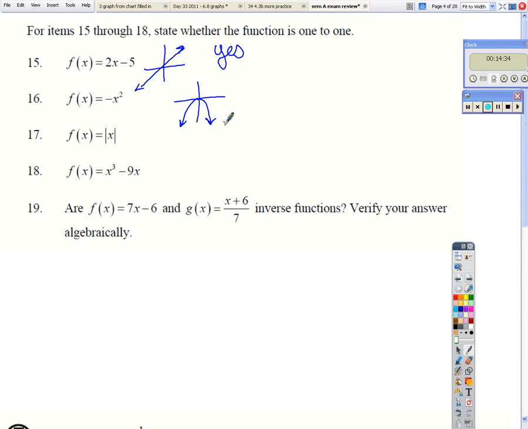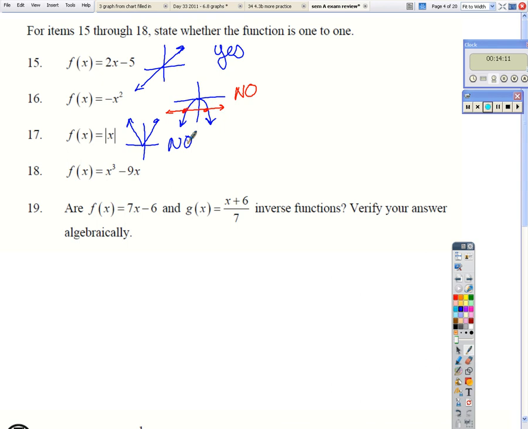So the inverse, you could tell, is not going to be a function because the horizontal line test touches the equation twice. You use the same thing for absolute value of x. The original is a function, but the inverse is not, so it's not 1-to-1.